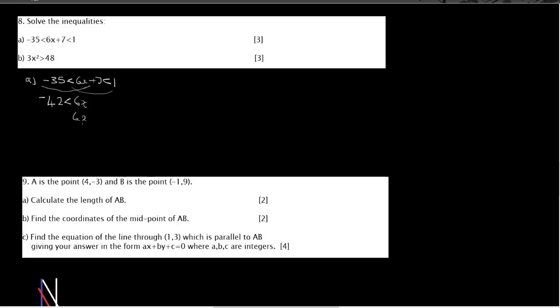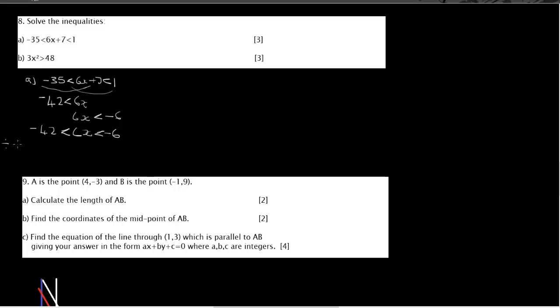So there we've got 6x is less than minus 6, 7 goes across. Then we'll combine them. We've got minus 42 is less than 6x, which is less than minus 6.